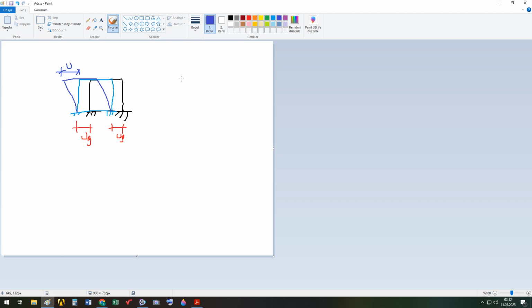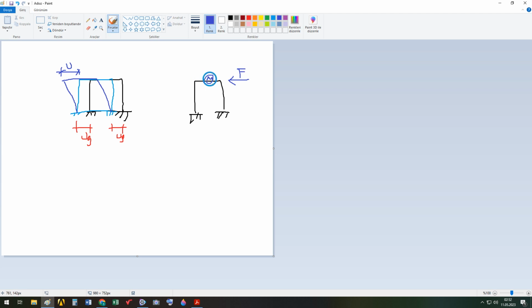And how does this occur in a normal structure? Without thinking the free vibration, forced vibration, a force acts to the structure.